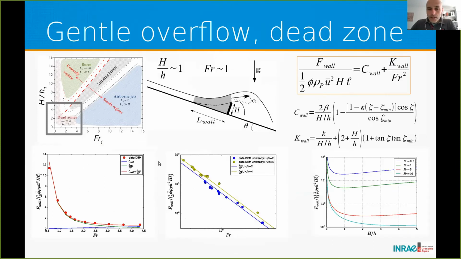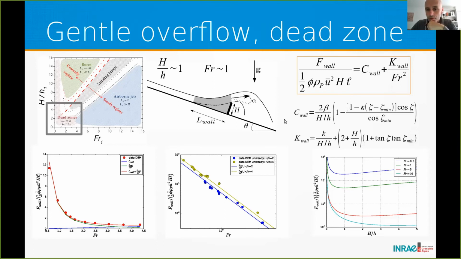And with this type of model, then we can go to the equivalent drag coefficient, which is defined as the force on the wall divided by the typical kinetic energy of the flow. So this equivalent drag coefficient is the sum of a purely fluid coefficient, a constant C_wall, plus a kind of earth pressure coefficient divided by the square root of the Froude number.